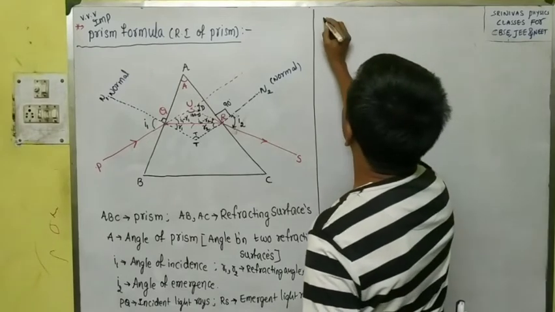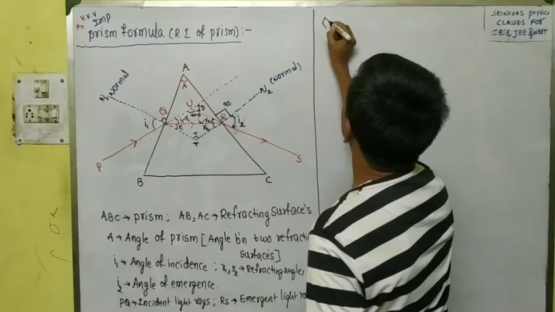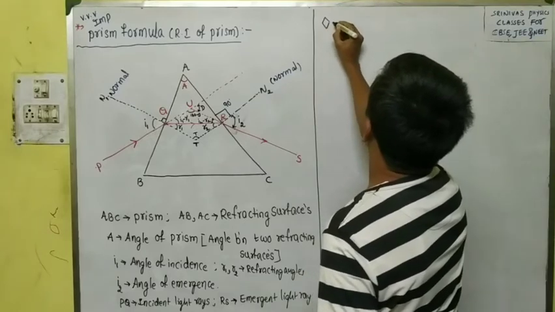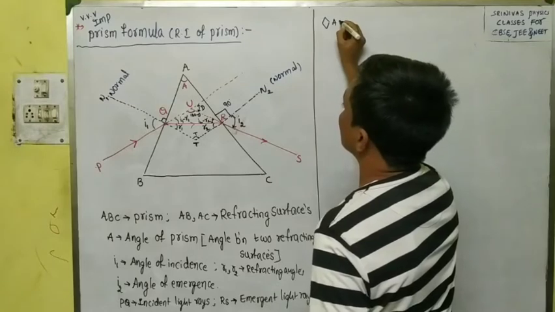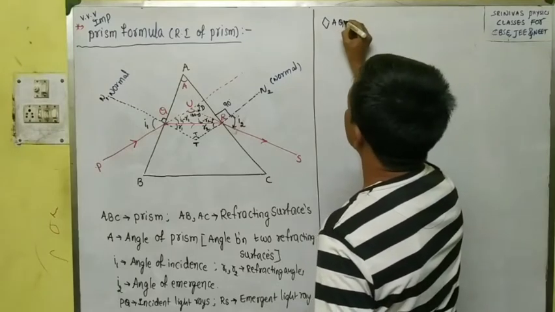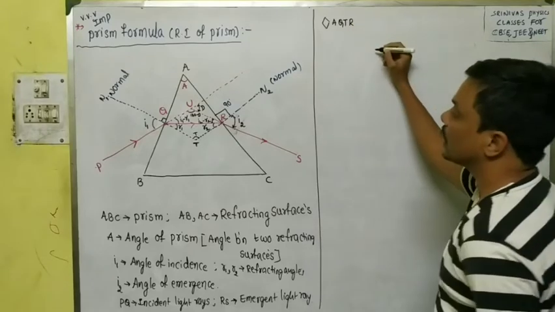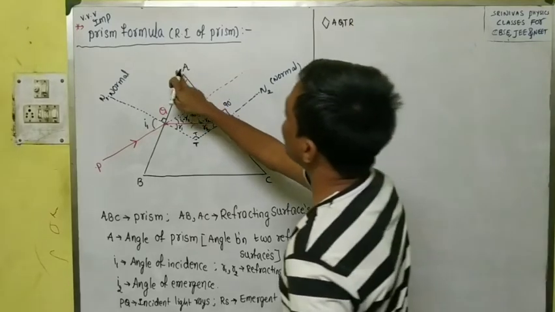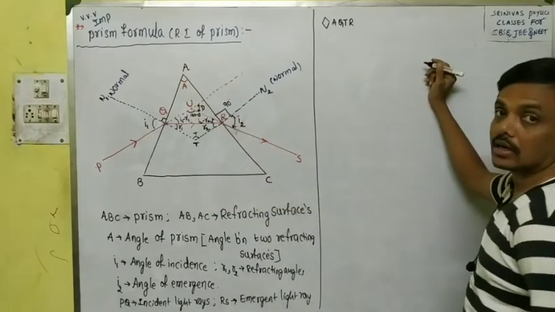Let us go for the quadrilateral, right? Let us see this quadrilateral, A Q T R. Okay, A Q T R A, it's a quadrilateral.